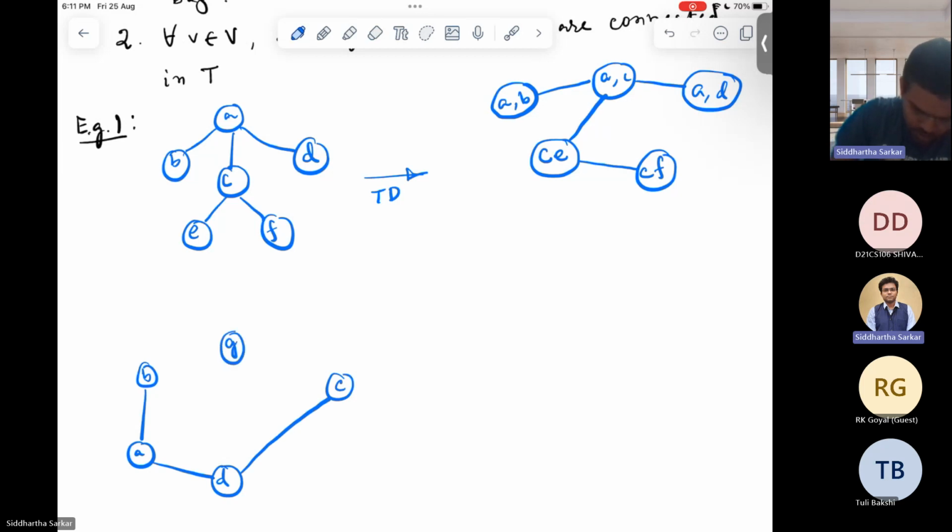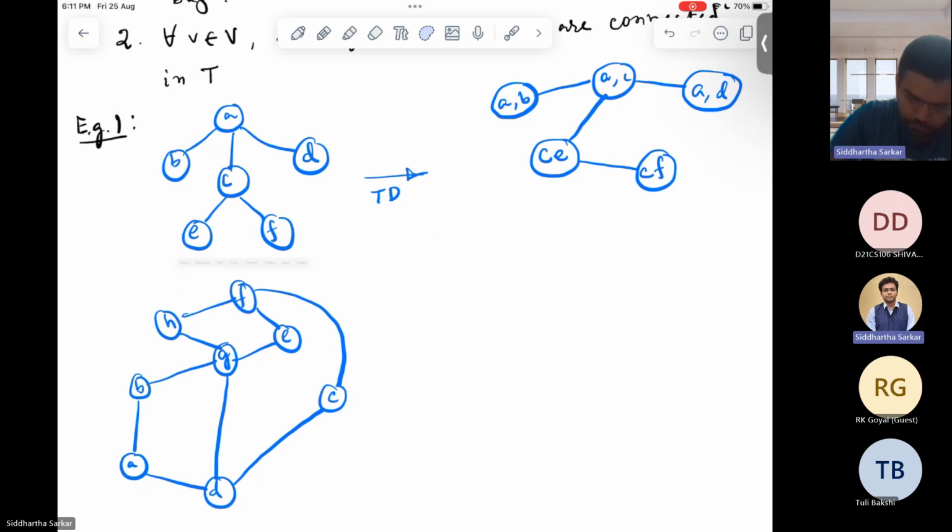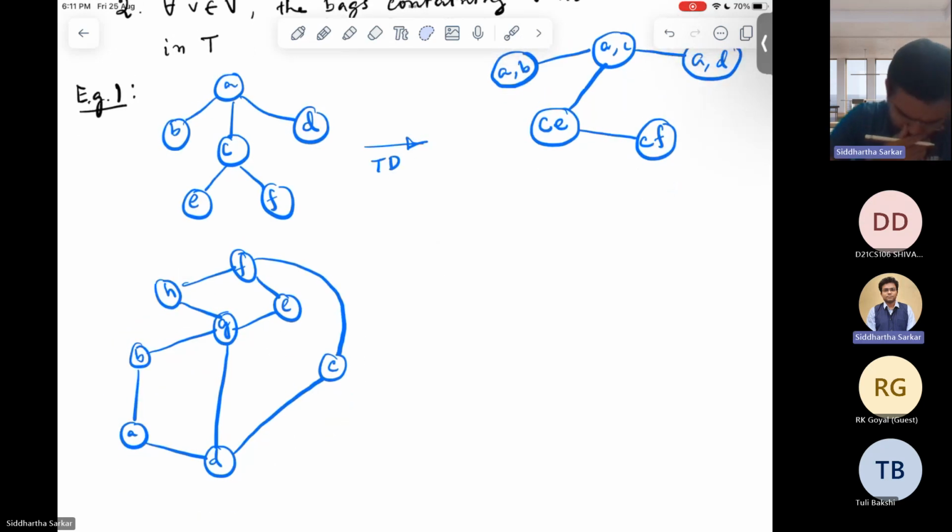There is G; G and D are connected. G and B are connected. H, F, E. F and C are connected. So this is a graph. It's not a tree. And we want to find one of the tree decompositions for this graph.